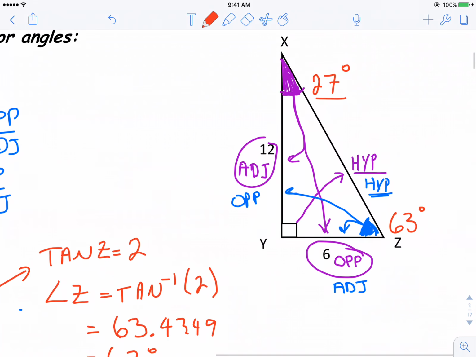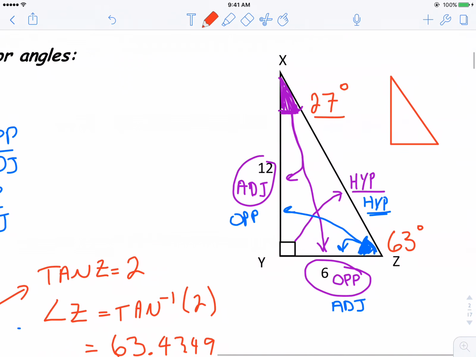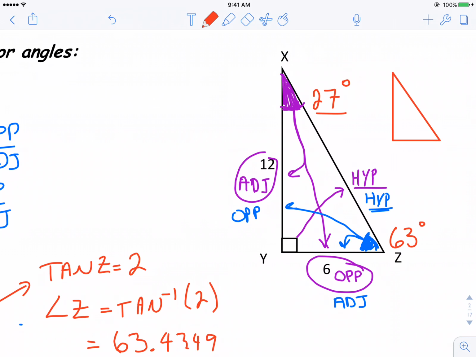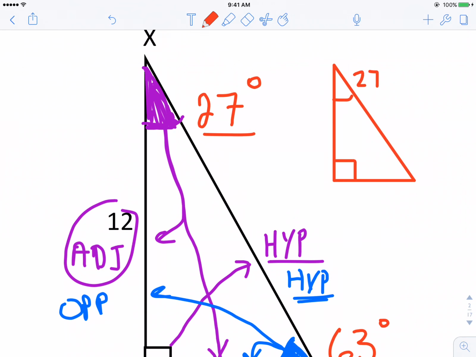So what does that mean? Does it look right to you or wrong? If I draw this triangle again without all my labels, I know this angle is 90, this angle we just said was 27, and this angle was 63.